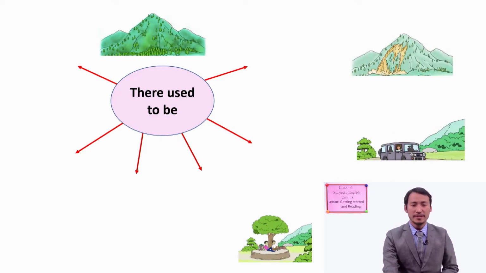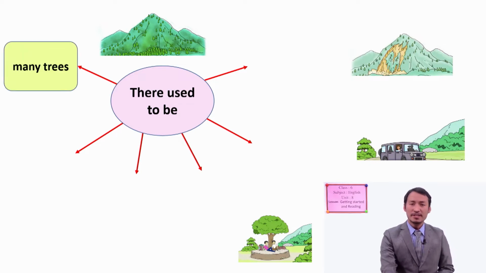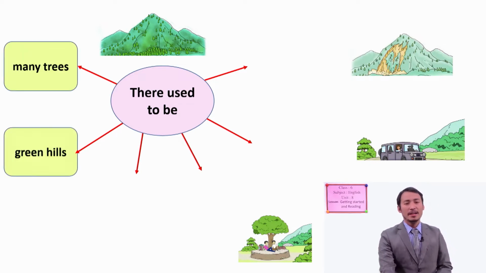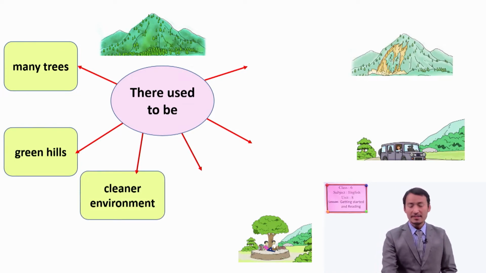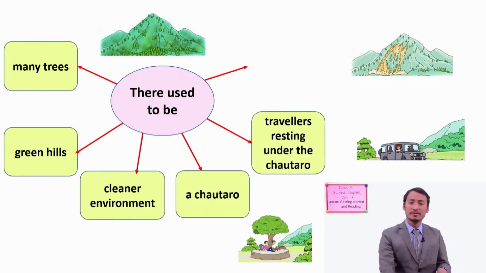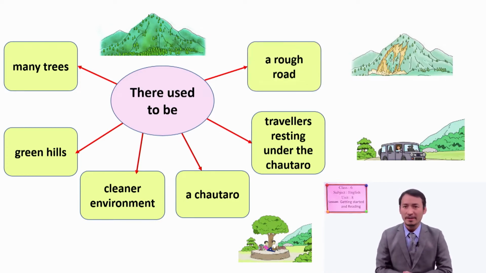There used to be many trees. There used to be green hills. There used to be a cleaner environment. There used to be a chautaro. There used to be travelers resting under the chautaro, and there used to be a rough road.